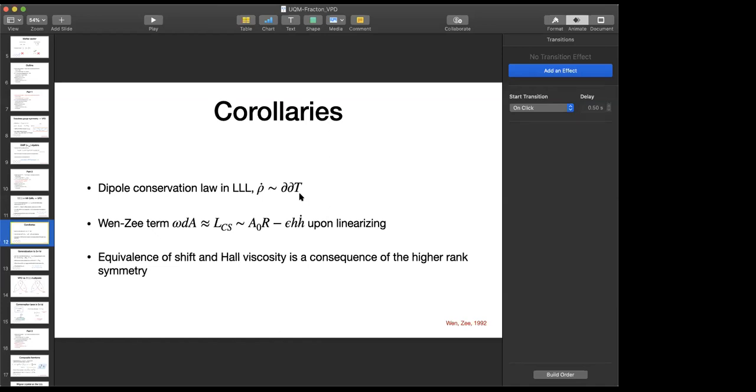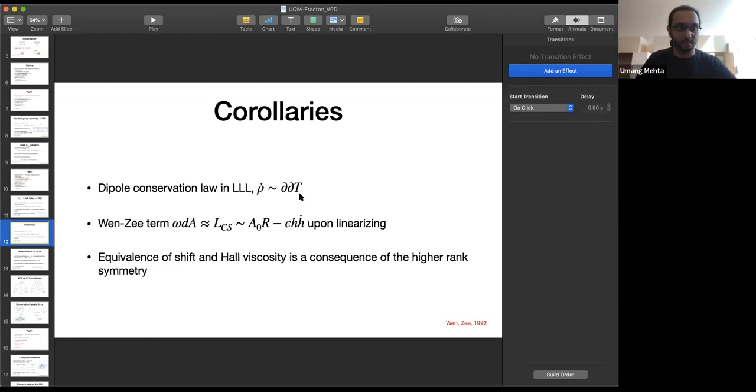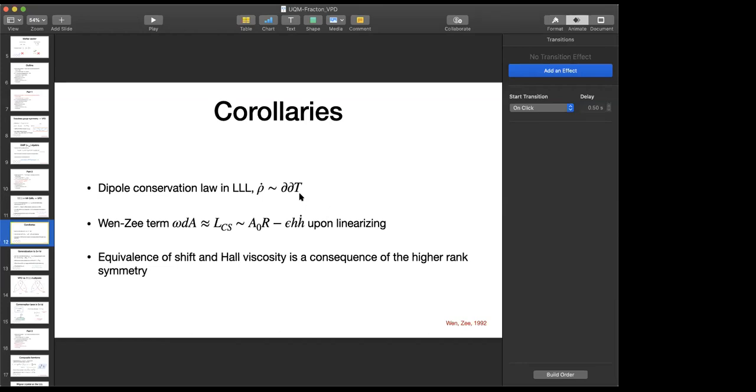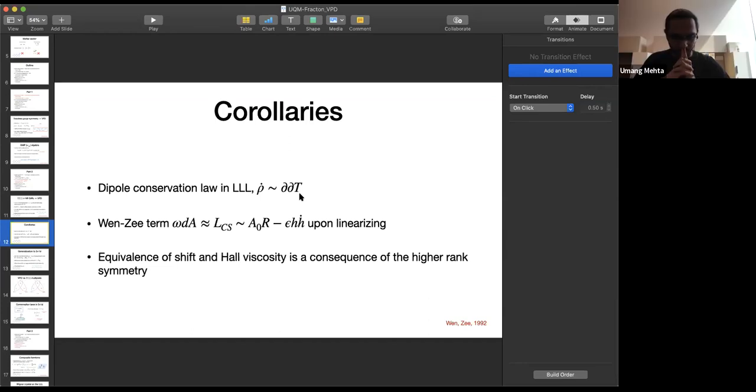Actually, there's maybe a related question. Suppose the XY direction is not symmetric and you somehow break rotation symmetry. Then do you still have this volume preserving diffeomorphism, or do you require this rotation symmetry in the quantum Hall context? It's a good question.